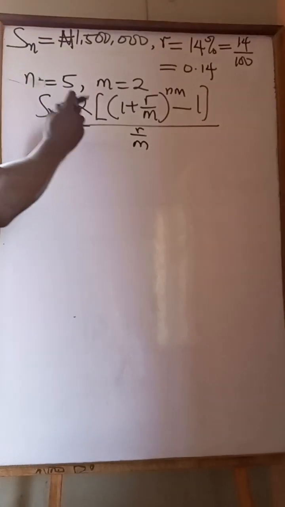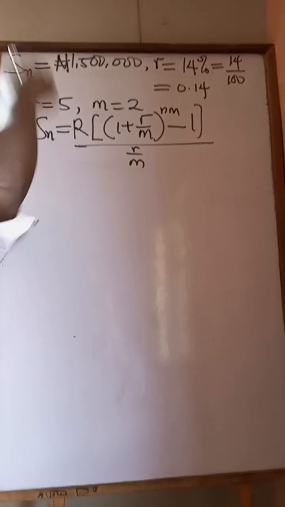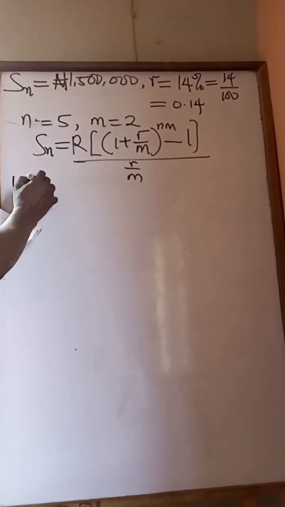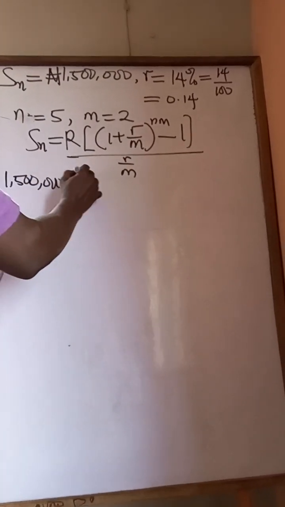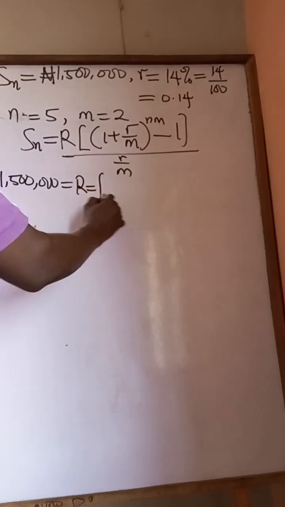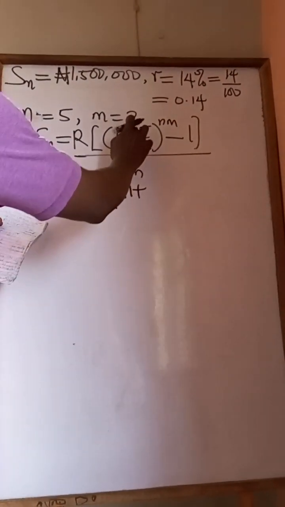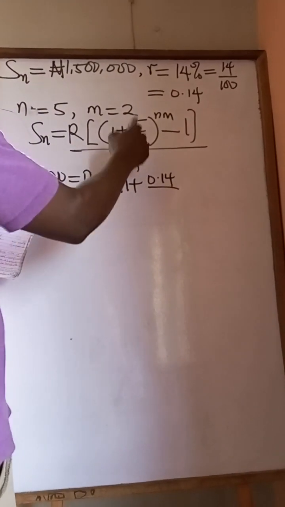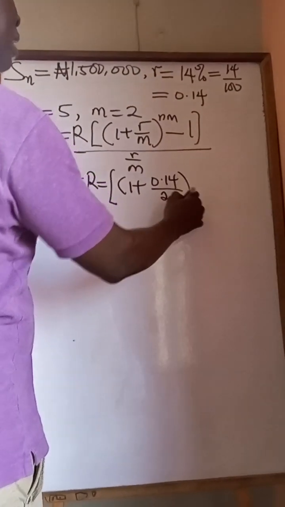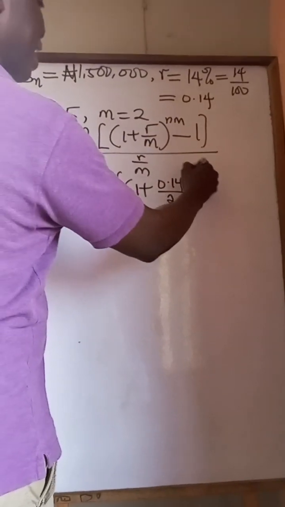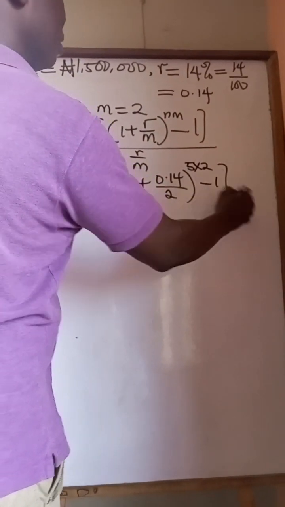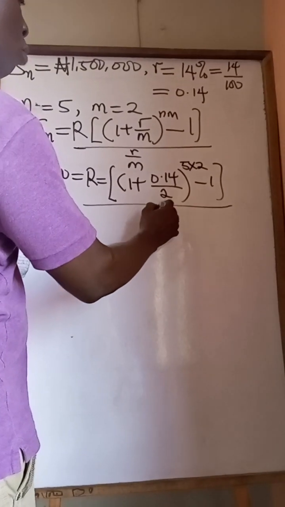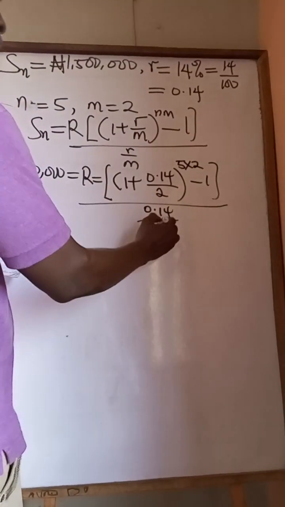Let's now insert. This R we are asked to find, the regular deposit. So what's our Sn? 1,500,000 equals R, which we are looking for, open bigger bracket, 1 plus, what's my rate? That is 0.14 all over, what's our M? M is 2. Then raised to power N times M. What's our N? That is 5 times 2, minus 1, all over, what's our r? r is also 0.14 all over 2.